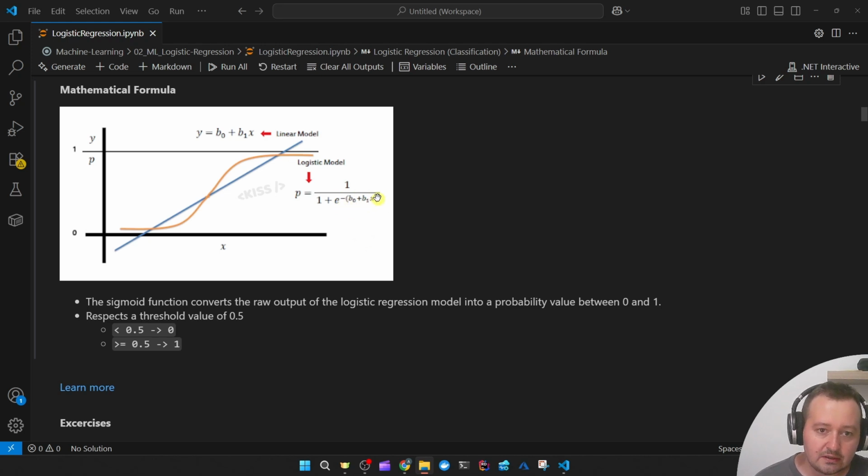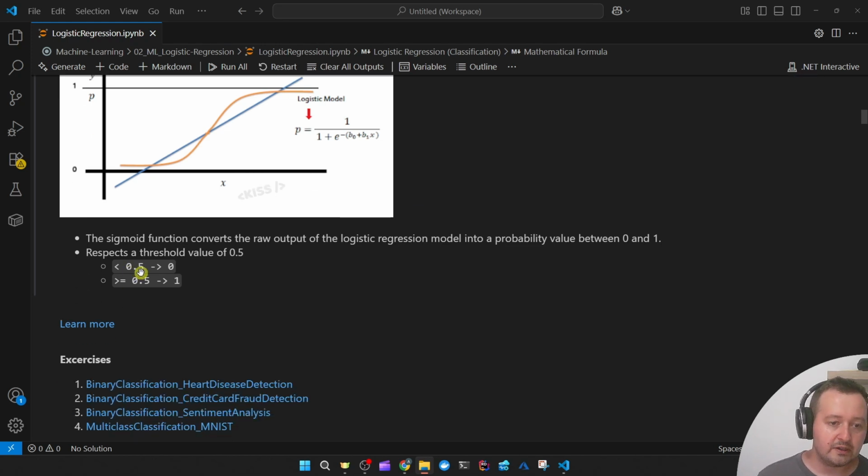So we're basically predicting that continuous value, but then applying some kind of, it's called a sigmoid function to map the outcome, the continuous value, to a value between 0 and 1. And this will result in, like, 0.8, 0.9, or it could be 0.2.